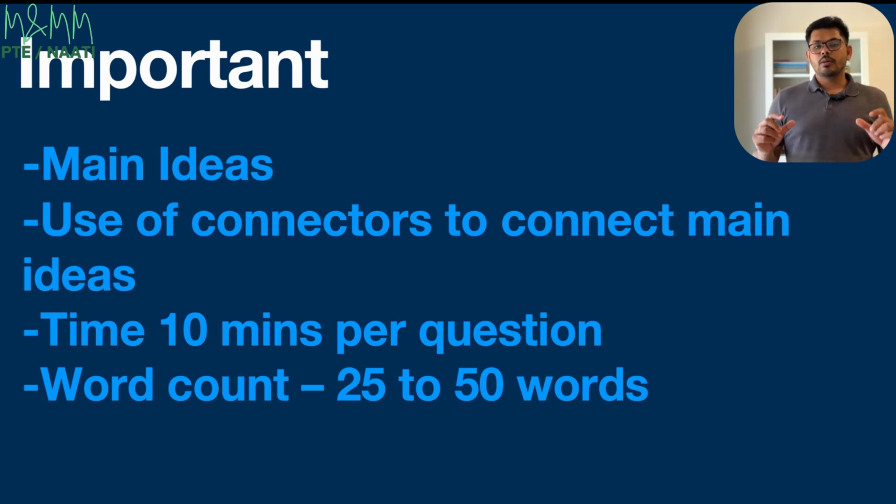Because the job of this word is to connect two main ideas, it is called a connector. In the English language, there are several connectors, but we cannot remember all of them. So I will suggest three easy ones. First is moreover, second is furthermore, and third is however.